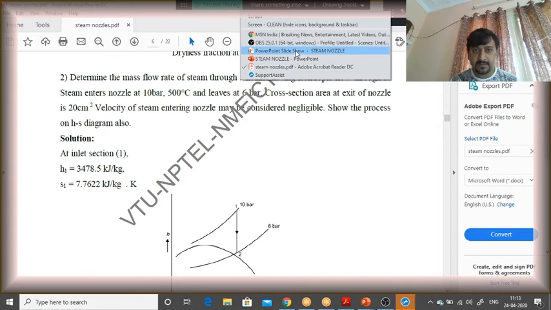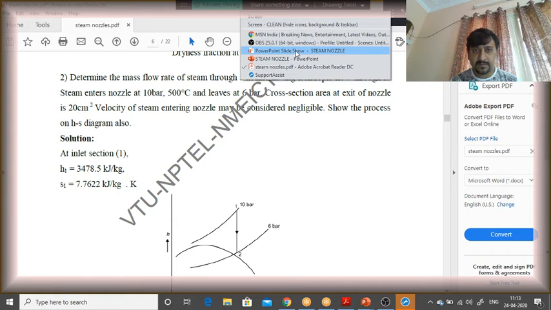So let us say this is the Mollier chart. 10 bar, 500 degrees Celsius, and the exit pressure was 6 bar. So somewhere here it will come, 10 bar 500 degrees Celsius. So this is the inlet temperature and pressure. Now it is expanding isentropically.